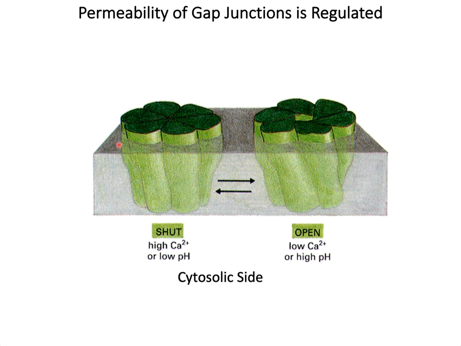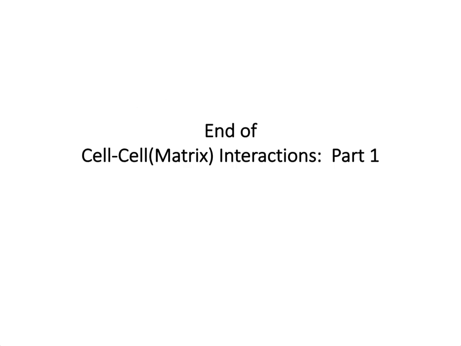The connexin molecules are arranged in such a way that they form a structure in which there is no pore. And when calcium levels are very low and the pH is very high, these pores can open. So it's very interesting that cells can regulate the permeability of the gap junctions. This concludes part 1 of our discussion on cellular interactions.